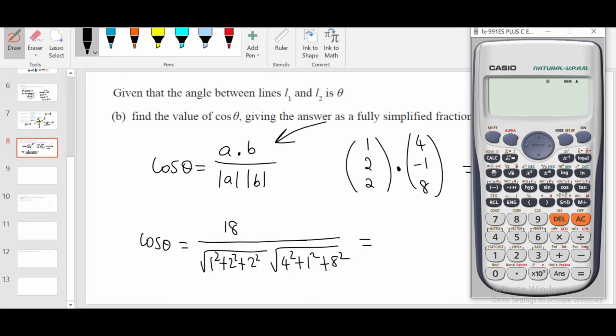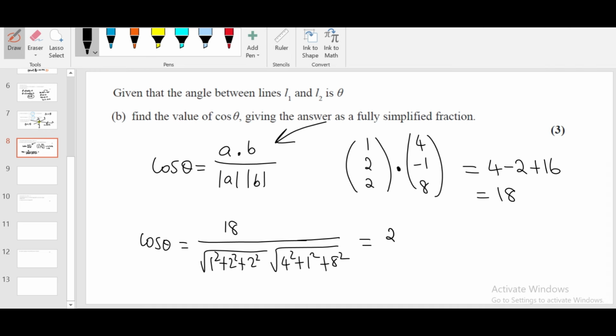So it's 18 over square root of 1 square plus 2 square plus 2 square times square root of 4 square plus 1 square plus 8 square. You get 2 over 3. That's all. That's the answer here.